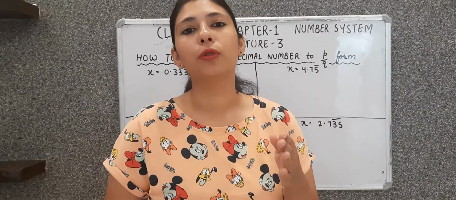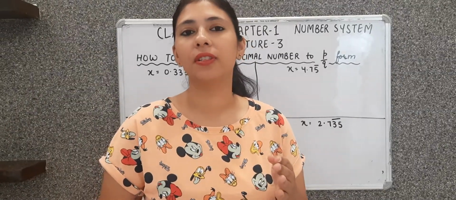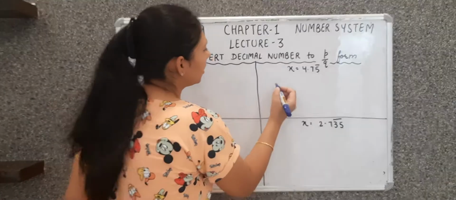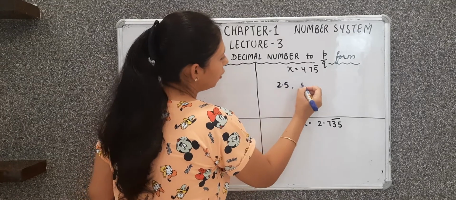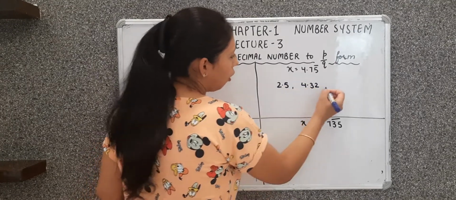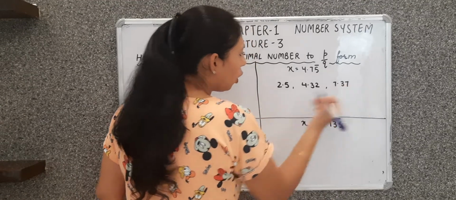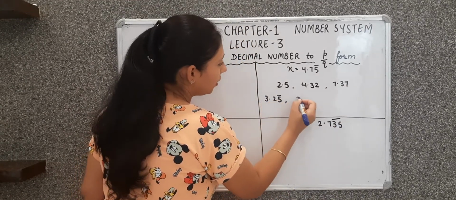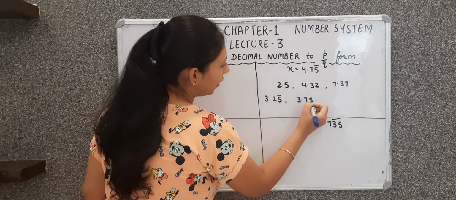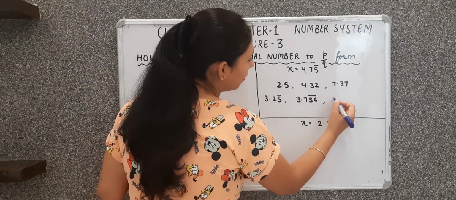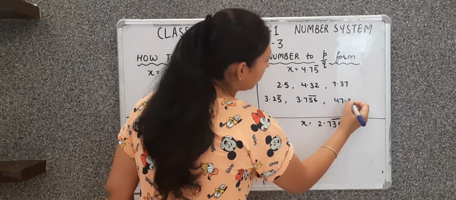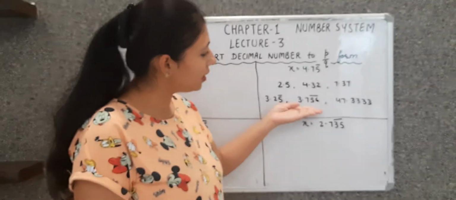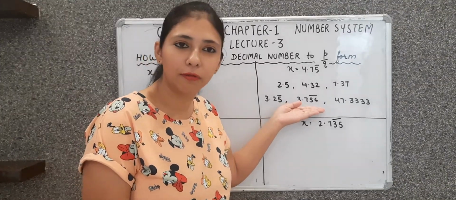But if I want to represent rational numbers in their decimal expansion, it will be either something like 2.5, 4.32 or 7.37, or something like 3.25 bar, 3.756 bar, or 47.3333. Okay, so these are all decimal representations of rational numbers.